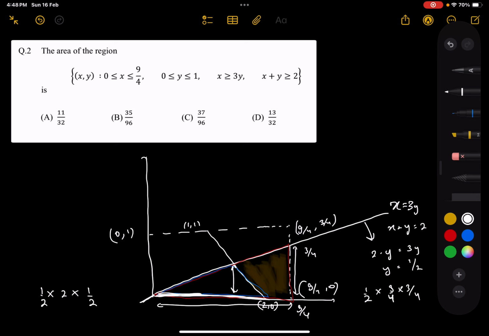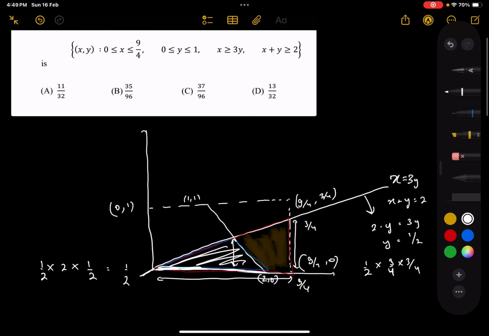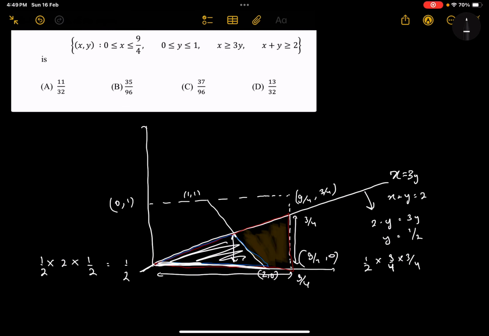So into this is the area of this triangle, this is half. So the area of the yellow region is 27 by 32 minus half, which becomes 11 by 32. So the answer is A.